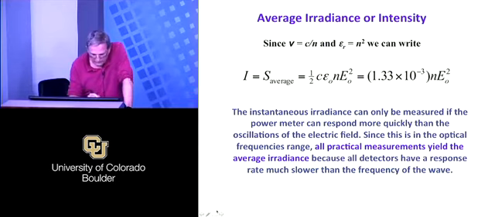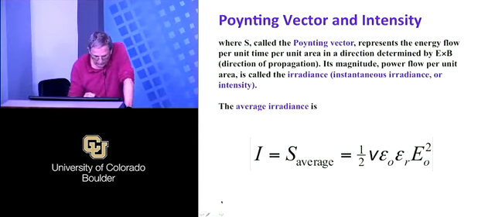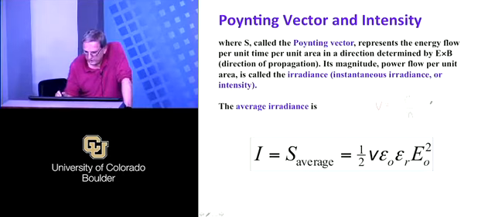That velocity, if we remember, velocity should be equal to something like c divided by n. You might remember c looks like 1 over square root of epsilon naught mu naught.